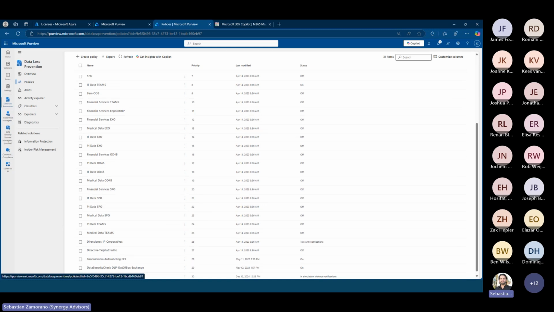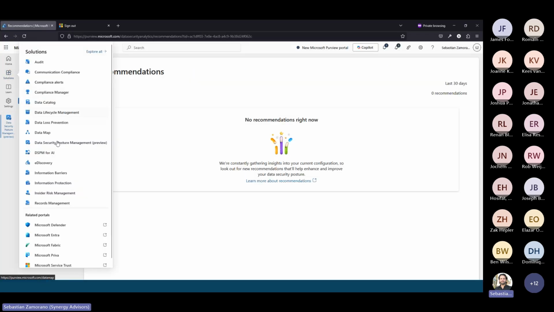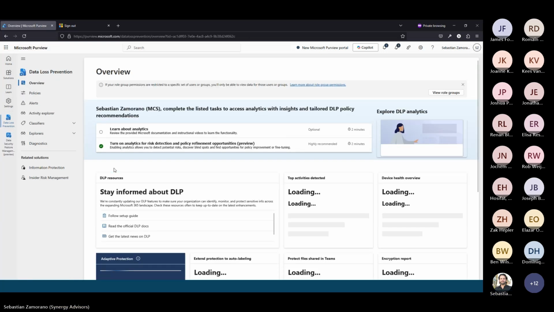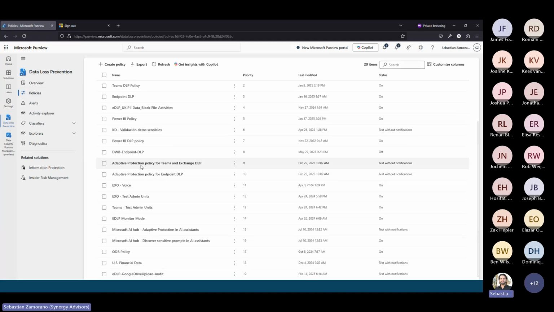Let me go back to this one. Solutions, data loss prevention, policies. Here we can see these ones: adaptive protection policy for Teams and Exchange DLP. That normally comes from inside risk management.